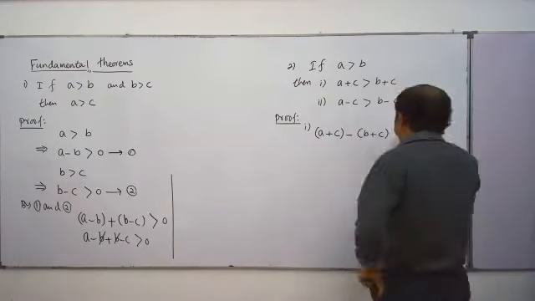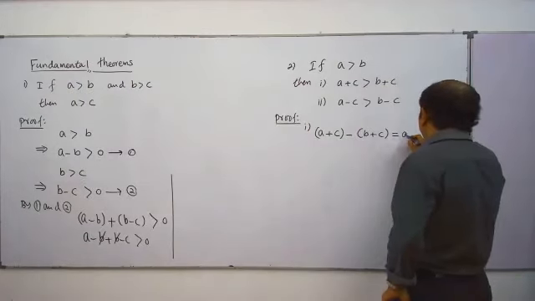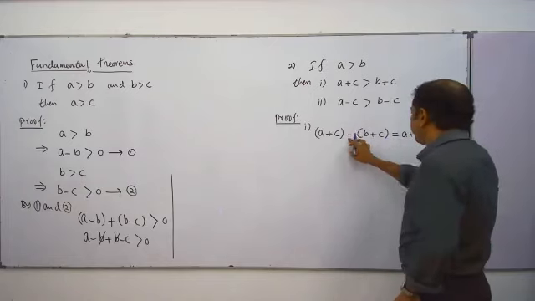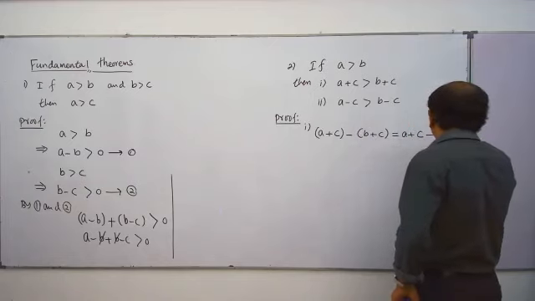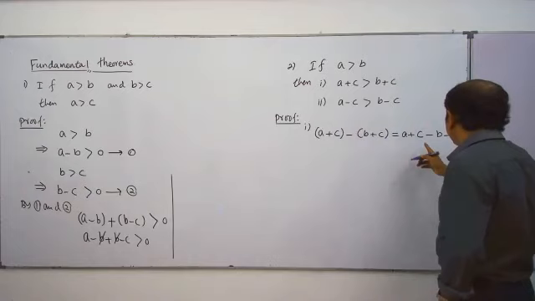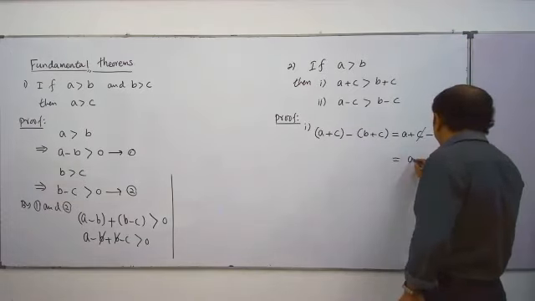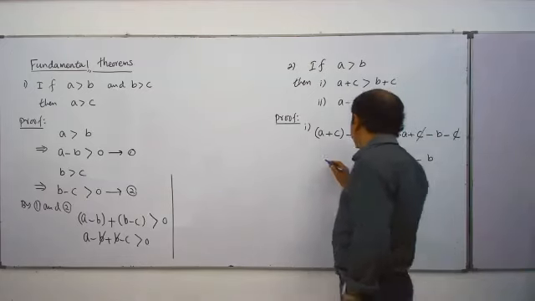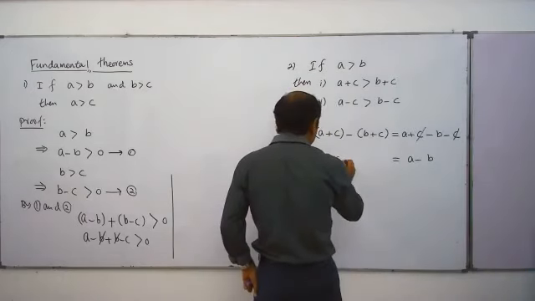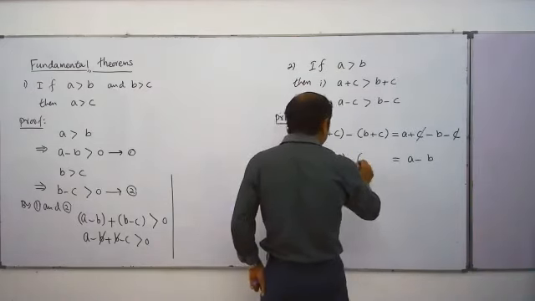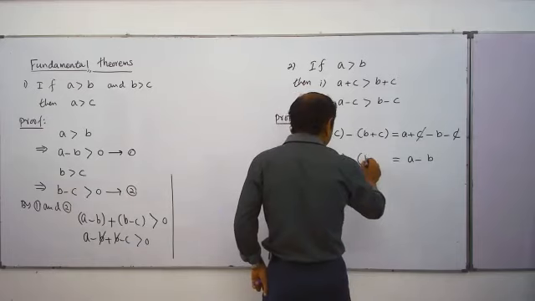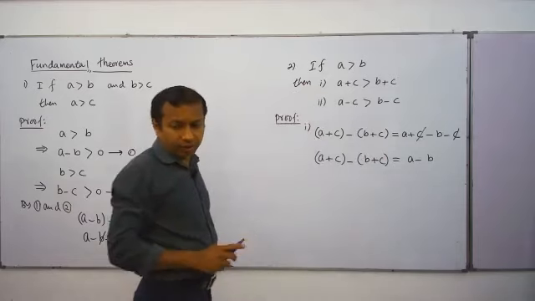See what you get. A plus c, remove the bracket, minus b minus c. This plus c and this minus c you can cancel out. Then we get a minus b. Here a plus c minus b plus c equals a minus b. I think you can agree.